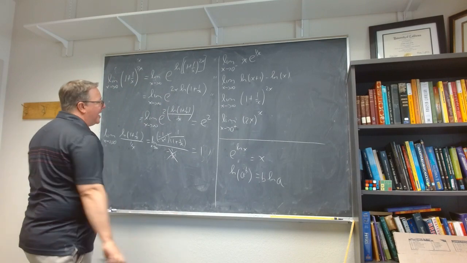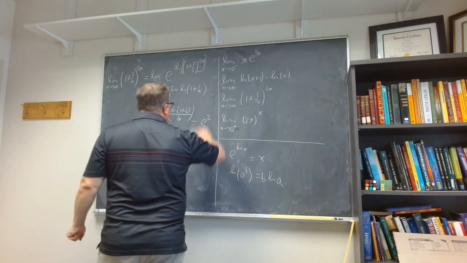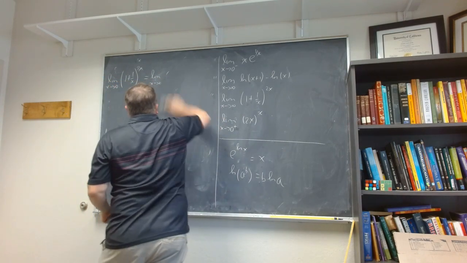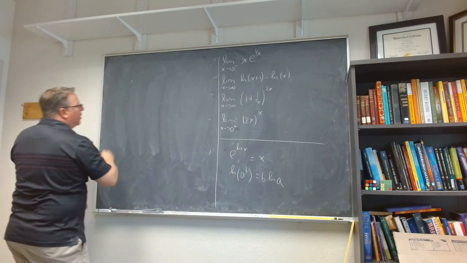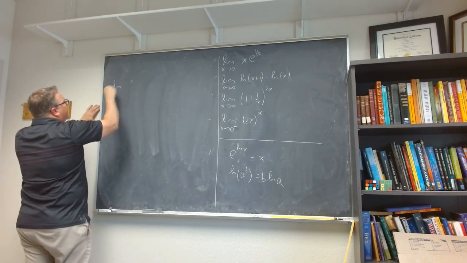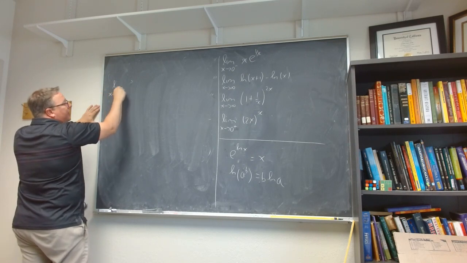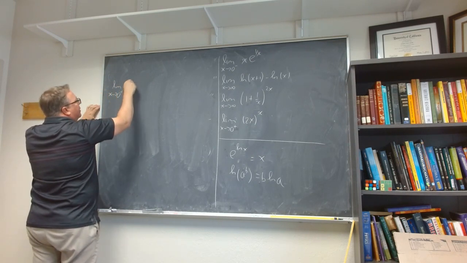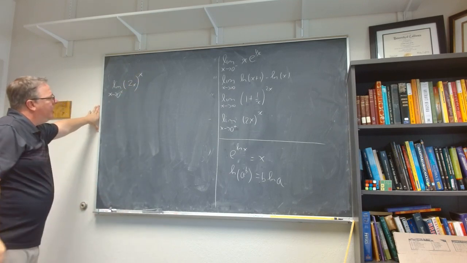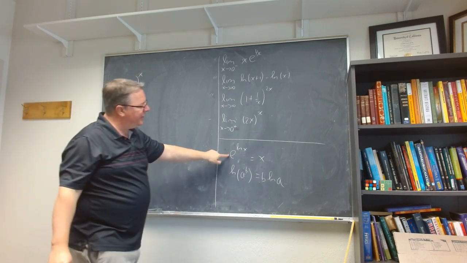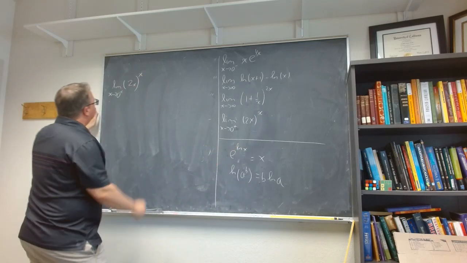Let's take a look at the last one, which uses the same trick. We're going to look at the limit as x goes to 0 from the right of 2x to the x power. And we're just going to plug it into e to the natural log of itself.